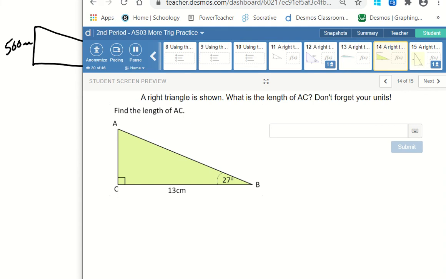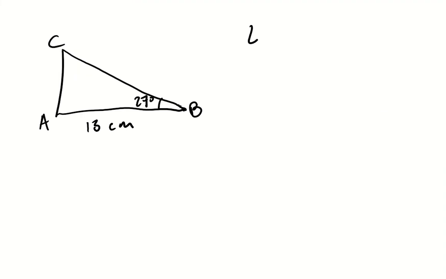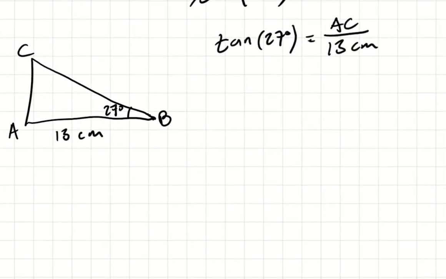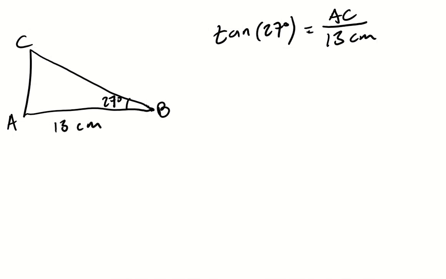So let's see. All right, so we've got tangent of 27 degrees equals opposite is AC divided by the adjacent, which is 13 centimeters. So then this is similar to a couple of the other ones we did in the solving process, in that all we have to do is multiply both sides by 13 centimeters.